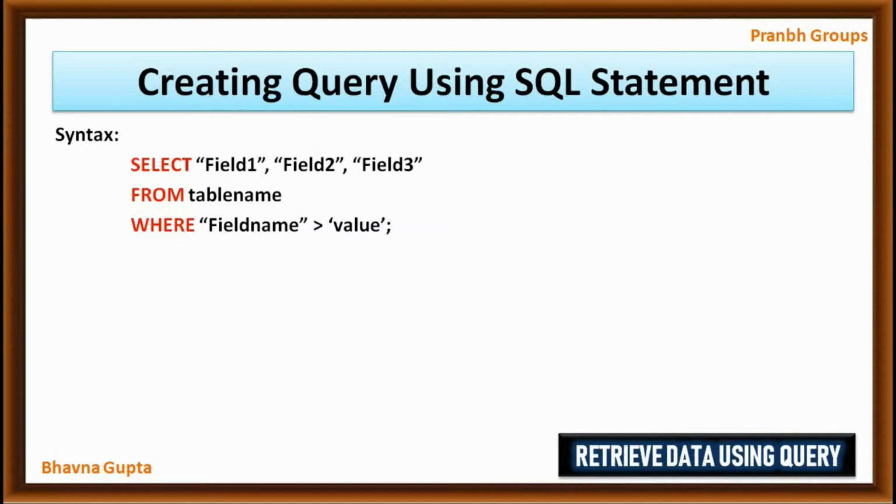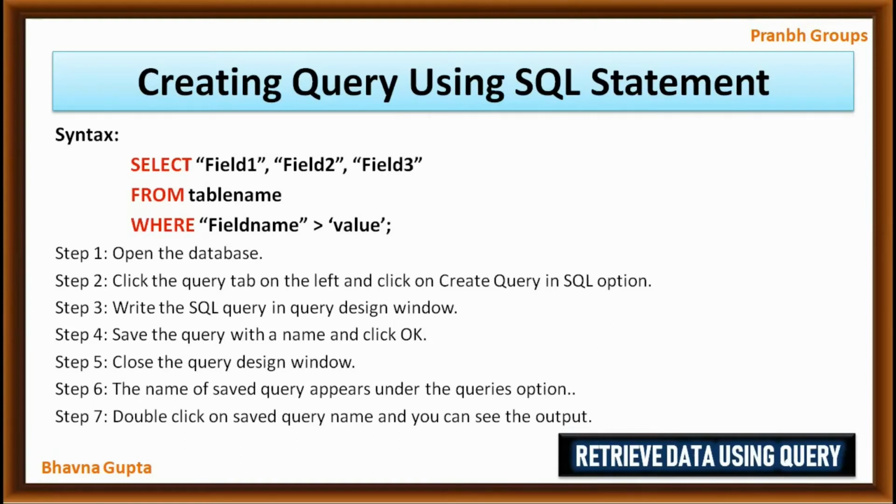If you want to apply a condition, use the command WHERE, then type the field name and condition: less than, greater than, equal to, greater than or equal to, less than or equal to, and then type the value, and at the end of the SQL statement type the semicolon.